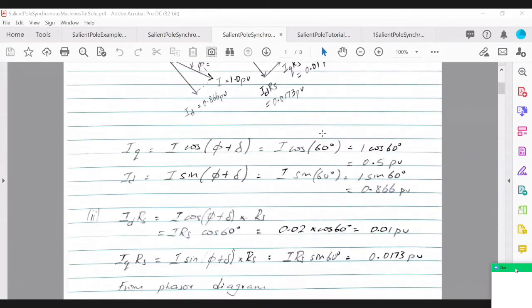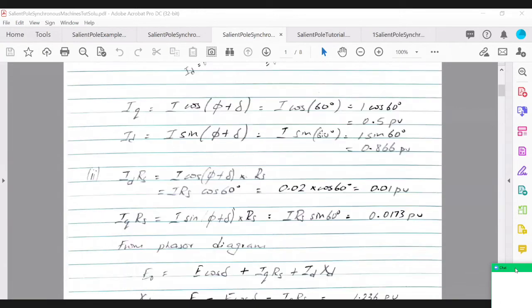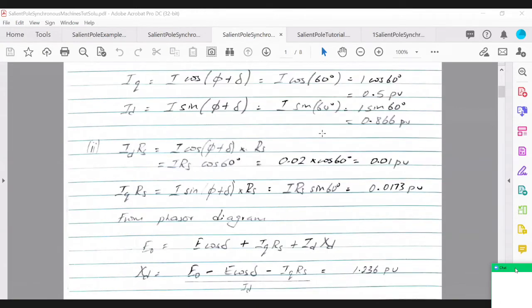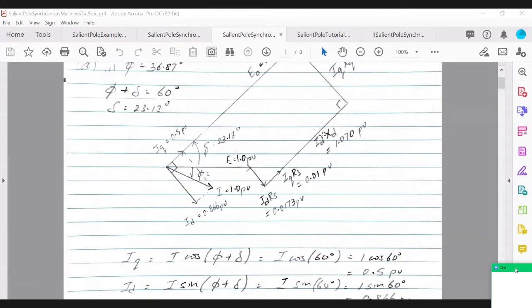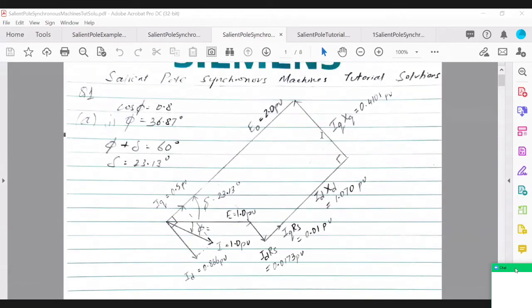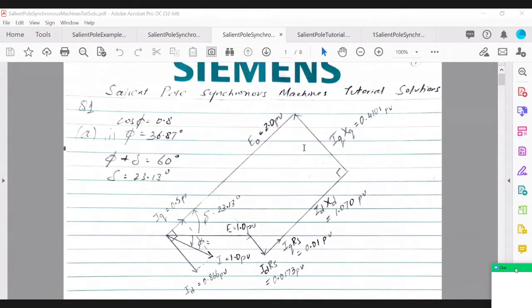Okay, right. So again, if you look at the phasor diagram, we have to get E naught. Now the equation is a little bit more complex since we are representing the stator resistance.